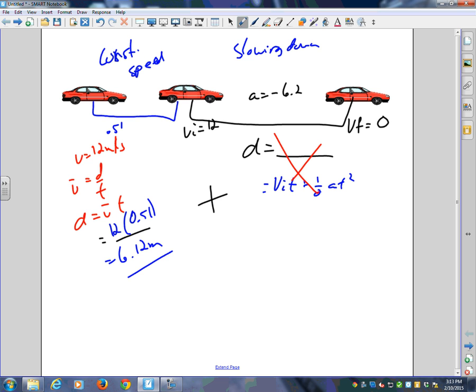Yeah, you know. What about the other one? What's the final velocity, Jonathan? What's the initial velocity? Yeah. Okay, now keep going.